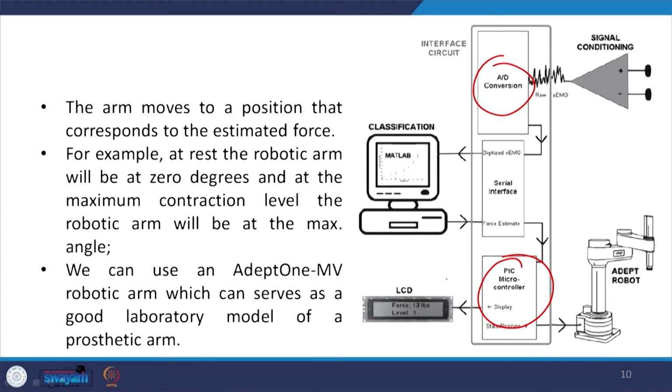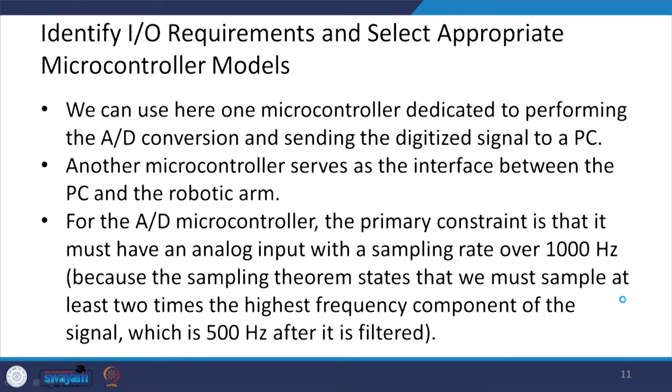Ideally we can use two microcontrollers, one for analog to digital conversion, and another which serves as the interface between the PC and the robotic arm.